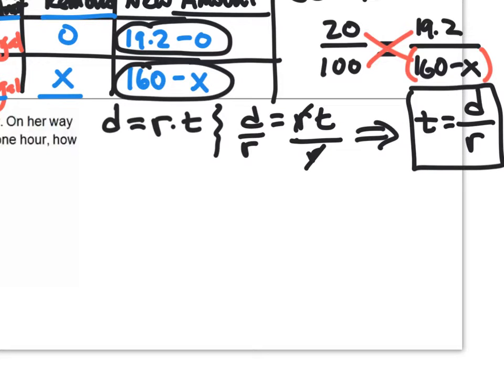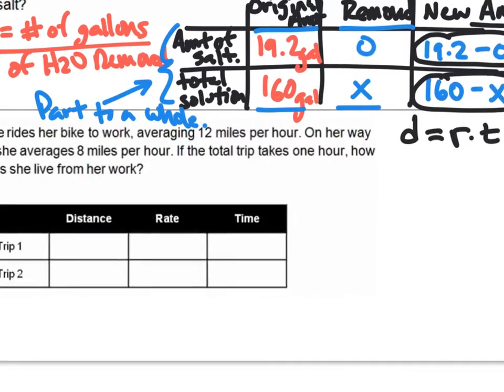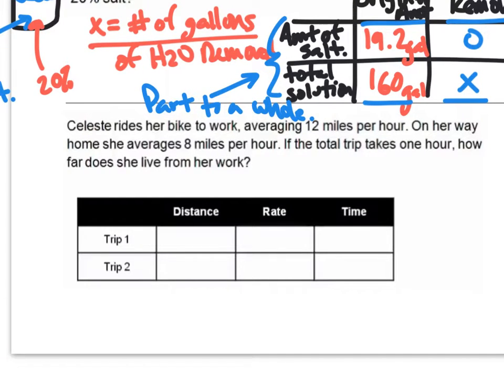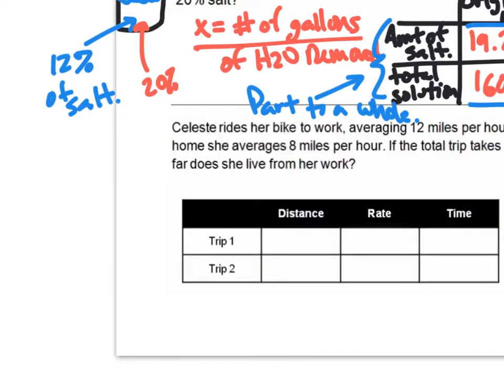So when you have that, now let's go back over here. Let's read this and fill out the table. It says that Celeste rides her bike to work. That's the first trip. Trip 1 is going to work.